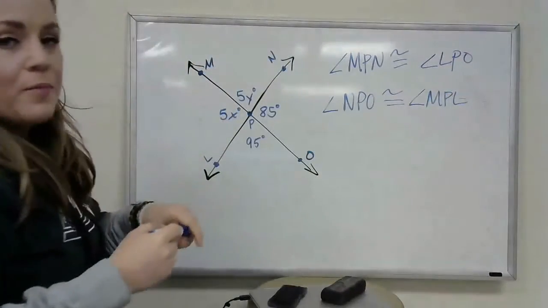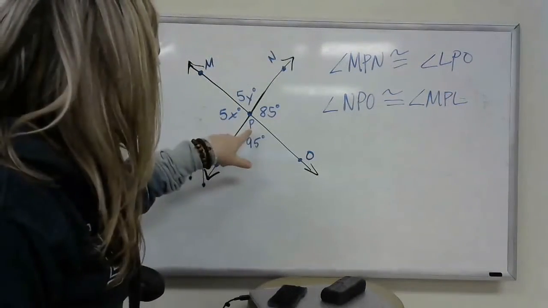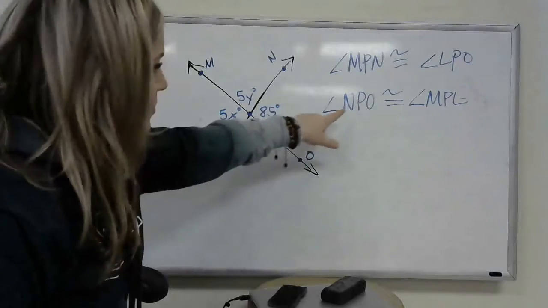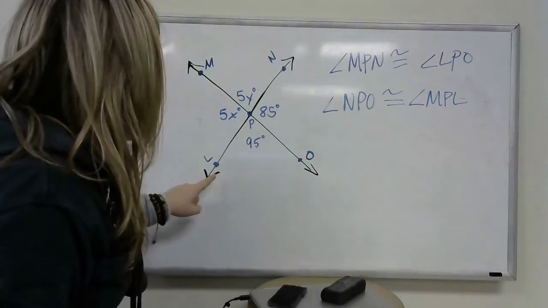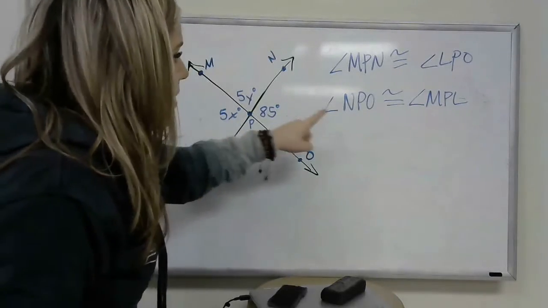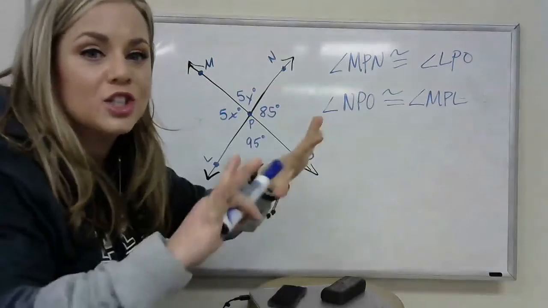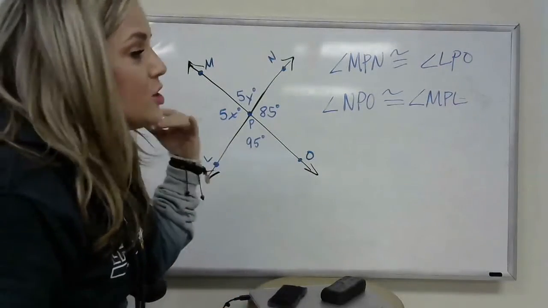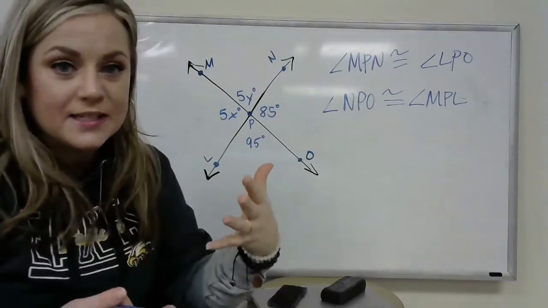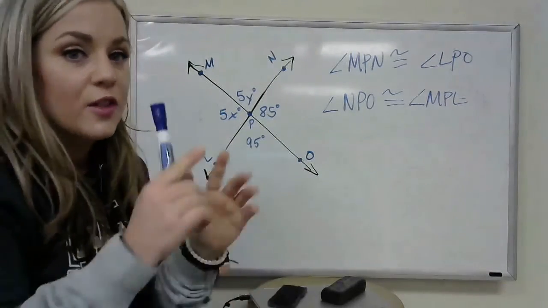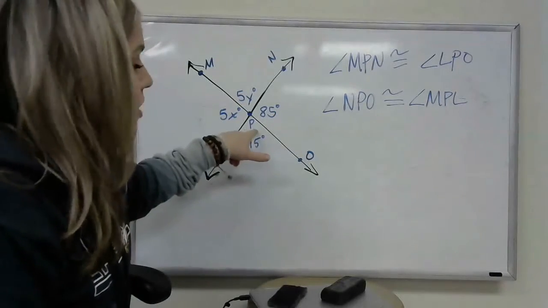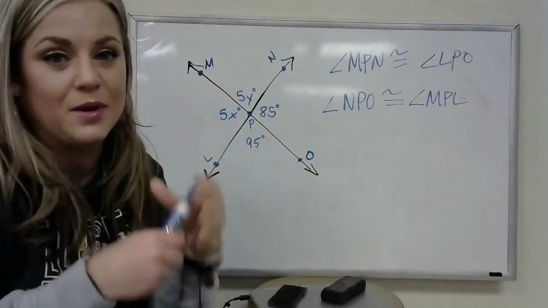Now, you always want to have the vertex in the middle, right here. And it can actually be read LPM instead of MPL, but I just did it that way, okay? So if your quiz happens to have the letters switched, it's okay. The vertex, though, has to be in the middle. That tells us that's the middle, okay?